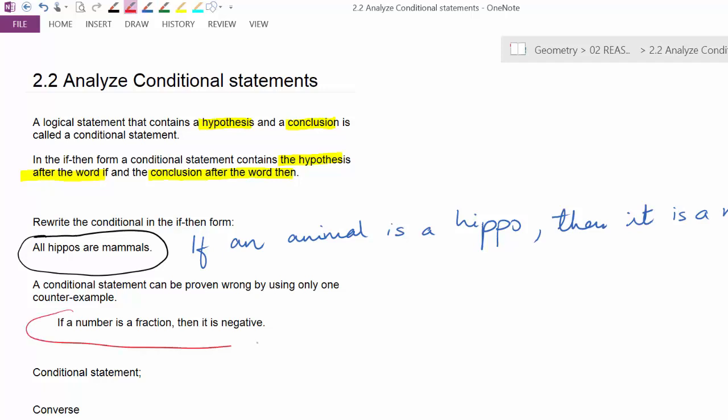So let's look at this conditional statement, and identify the hypothesis and the conclusion. We said the hypothesis comes after the if, so this is the hypothesis.